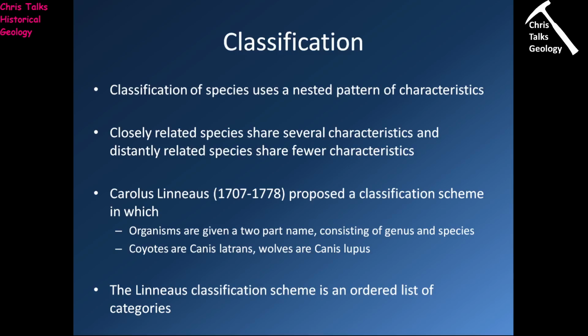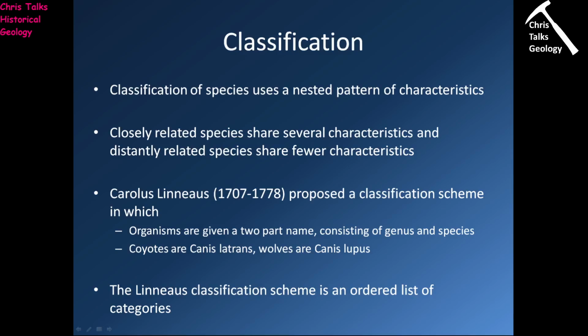So, when we classify organisms, we tend to classify species using a nested pattern of characteristics. Closely related species will share several characteristics, and distantly related species will share fewer characteristics. Common sense, really.